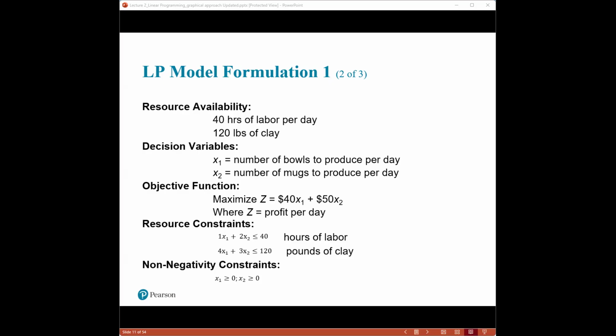So this will mean that it will mean 4 times what? 40 minus 2x2, plus 3x2 is equal to what? 120.